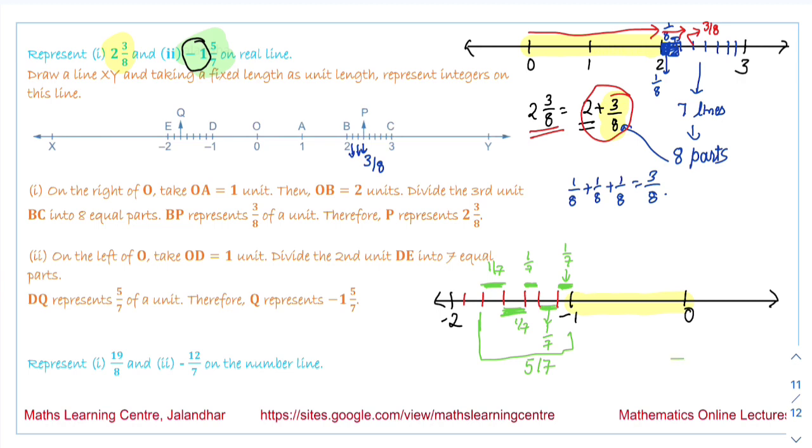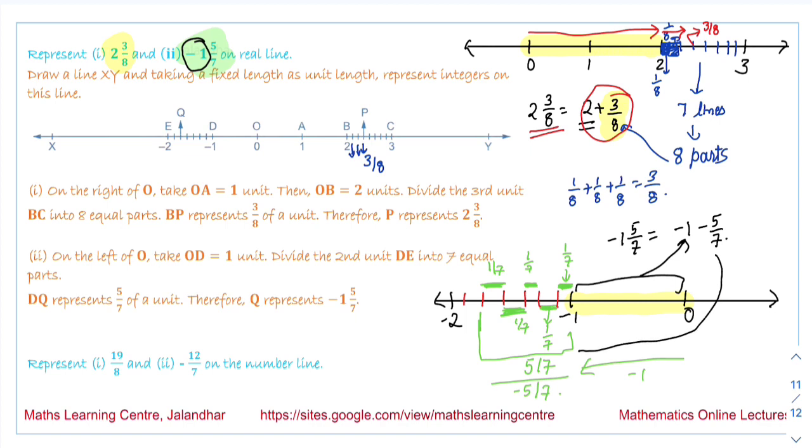So this is minus 1, this is minus 5 by 7. What we are doing over here is writing minus 1 whole 5 by 7, that is equal to minus 1 minus 5 by 7. This much distance minus 1 we have moved, and this is the distance minus 5 by 7 we have moved over here.